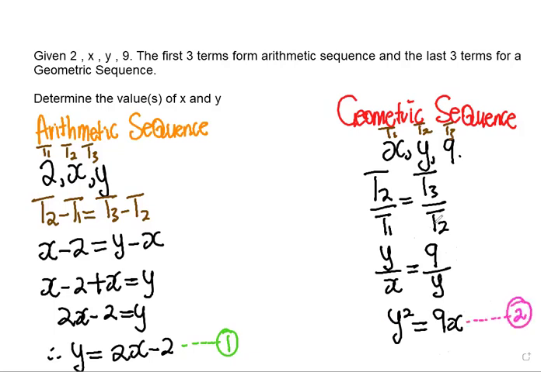Now we have equation number 1, we also have equation number 2. You can see that equation number 1 is in terms of y, and equation number 2 is in terms of y squared. So what we're going to do from here is substitute equation number 1 into equation number 2, right?